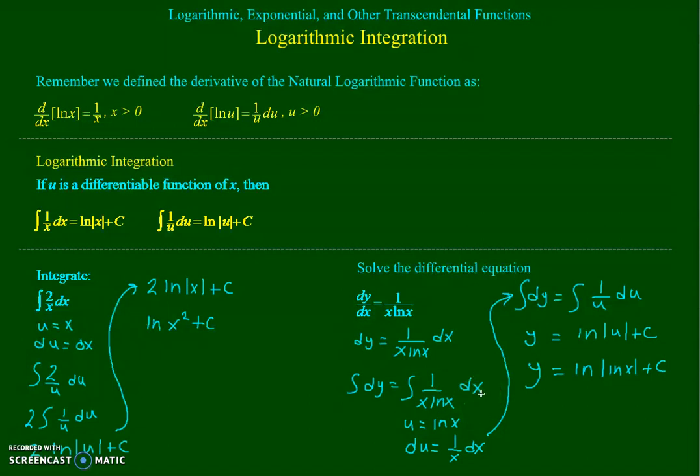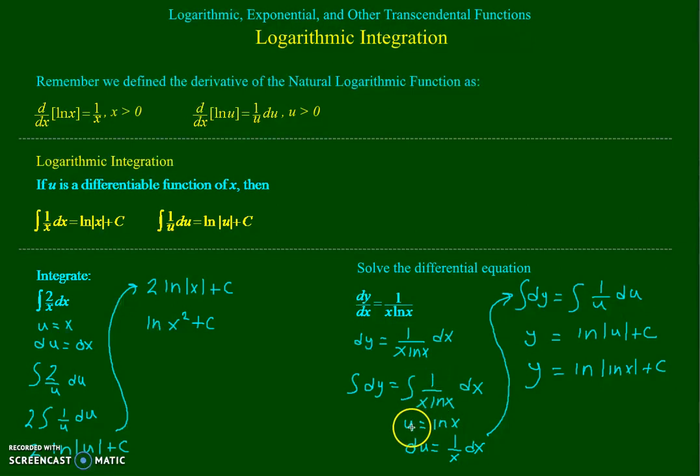Now this is critical. Your choice of your u substitution is very, very important. If you picked u as x ln of x, you're going to have a problem, because that derivative is going to be 1 plus the natural log of x, and that doesn't match anything that we have.